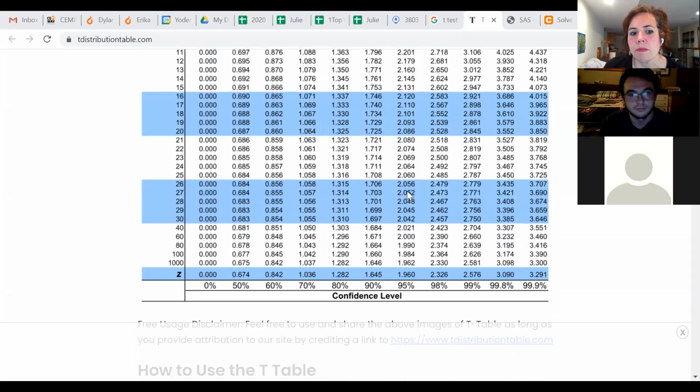What was my degrees of freedom? It was high. 500s, right? Okay, so even if I have a conservative 100, 1.984, that is my critical value. Does my t-value exceed that?